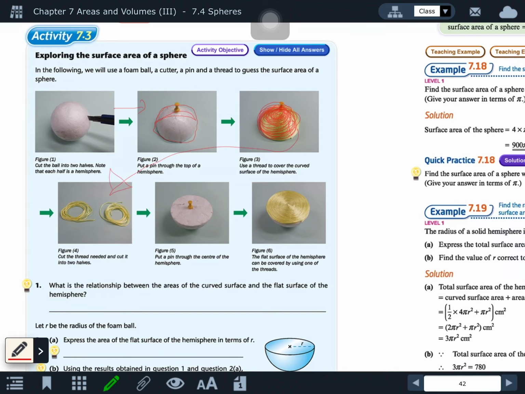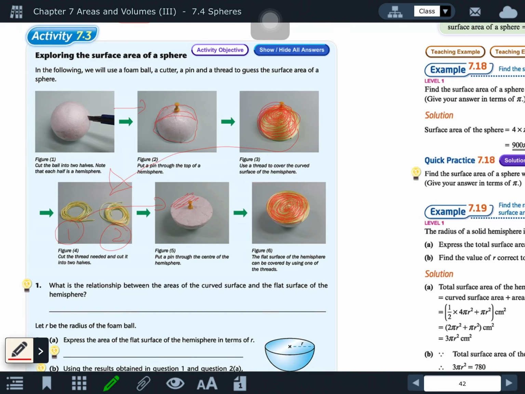Then we take out this loop, and we discover that if we cut it in half, it becomes two parts. One part can fully cover the cross-section area of the sphere.